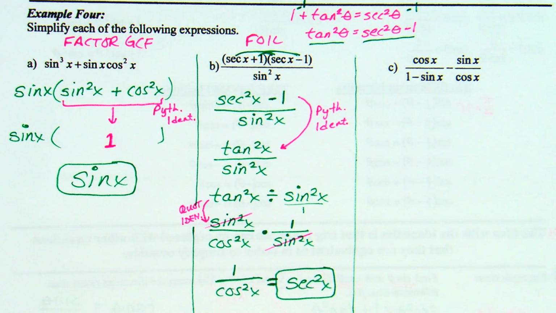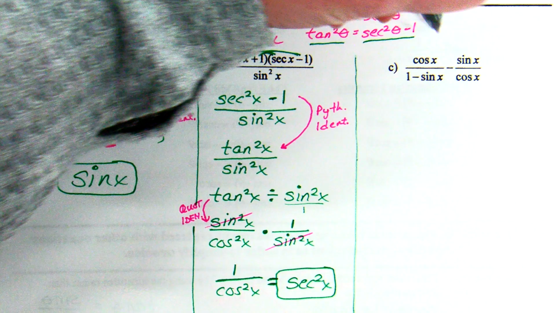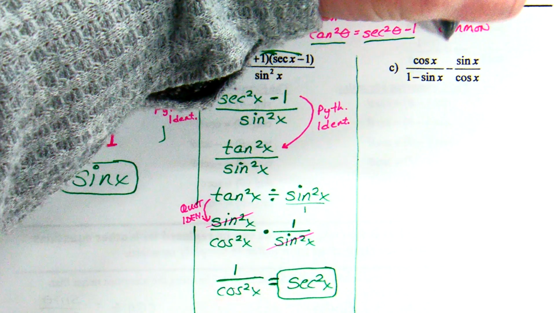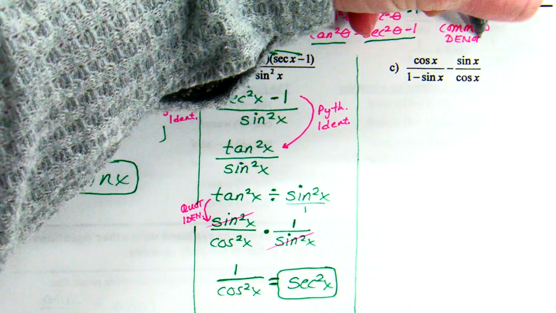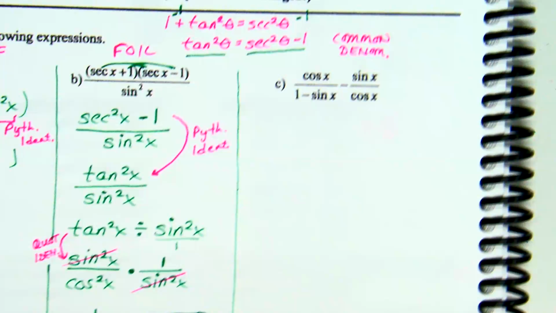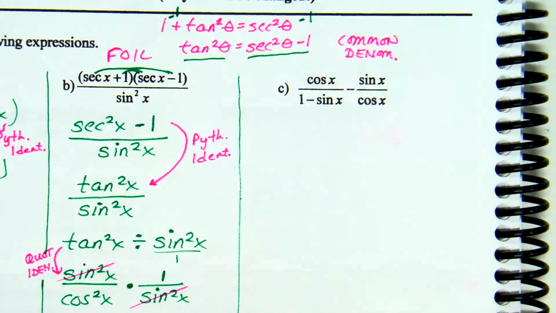Okay. I see two fractions. Number 1 says get a common denominator. So we're going to work to get a common denominator. Okay, another common mistake.